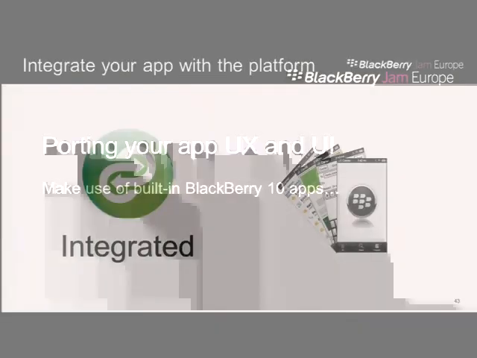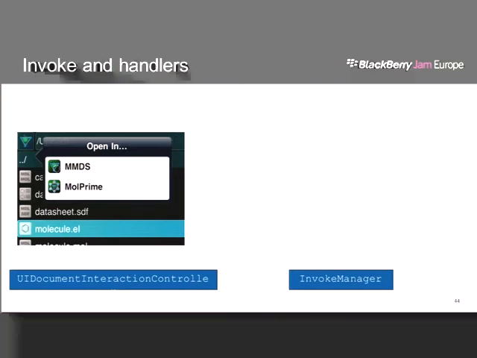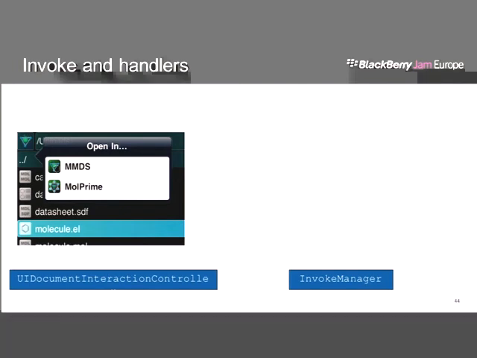Now let's talk about integration and the Invoke framework mainly. Basically, we want to interact with different services and different applications, and that's one of the key messages we've been pushing on BlackBerry 7, and I think it's worth emphasizing on BlackBerry 10. On iOS, you can invoke other applications with the UI document interaction controller, and you can open a file depending on what the handler is.